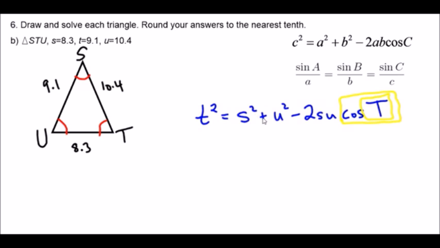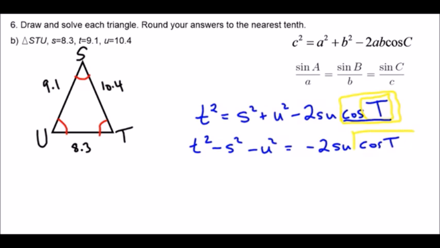So I'm going to get rid of s squared plus u squared because they're both added to this cosine expression. So t squared minus s squared minus u squared will equal negative 2su cosine t. And again, I'm going to put that yellow box around the cosine t because that's my goal, to isolate that. So it's good to focus on it.